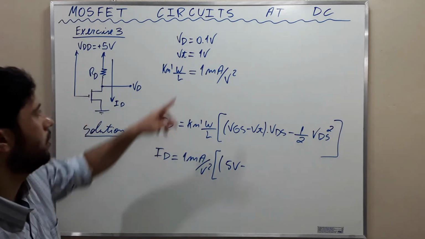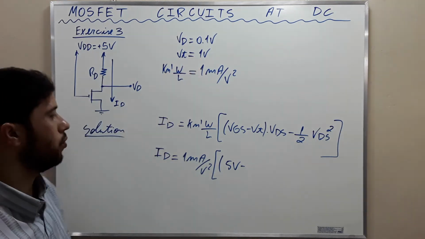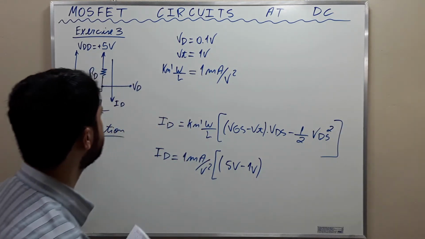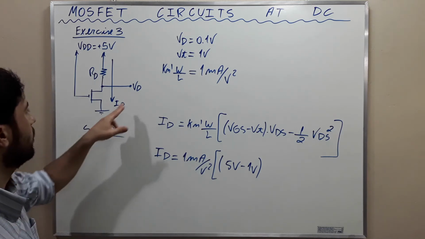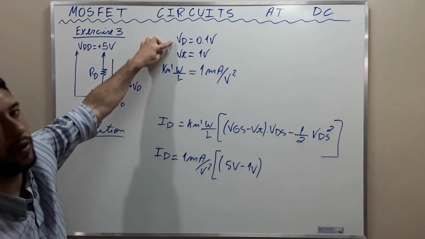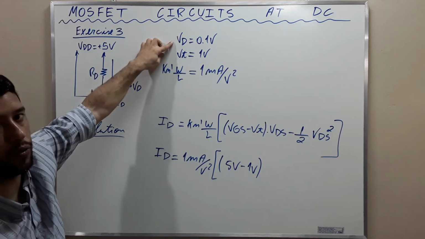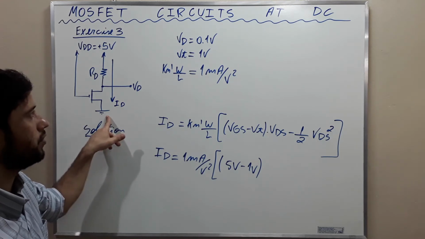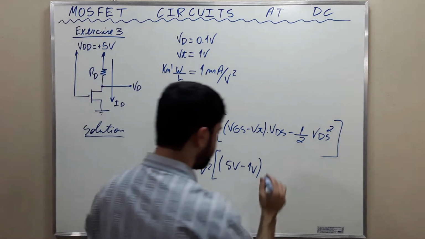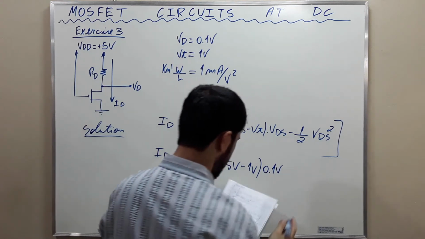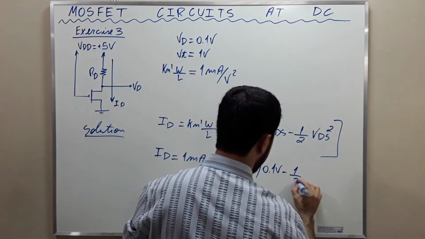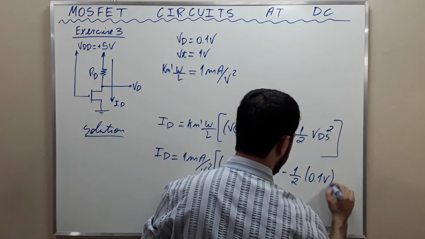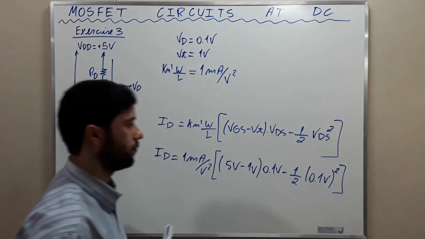And VT, the problem gave VT as 1 volt. VDS, VD, this is a requirement, VD has to be equal to 0.1 volts. And since the source is grounded, VDS is equal to 0.1, minus a half of 0.1 volts squared. All right?